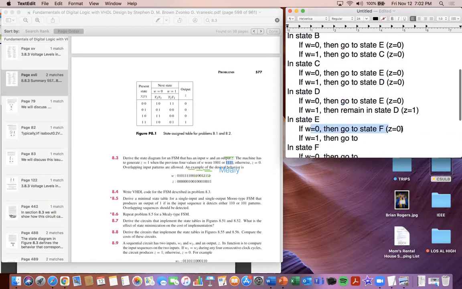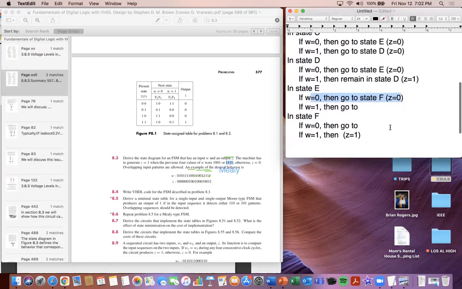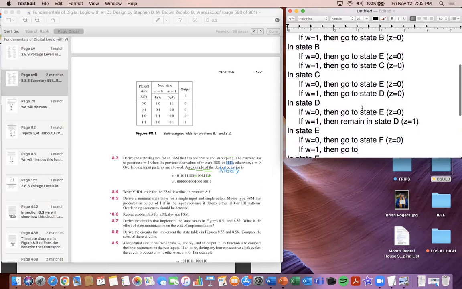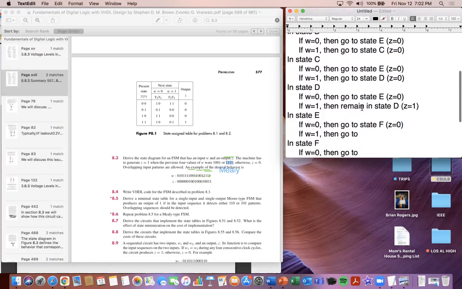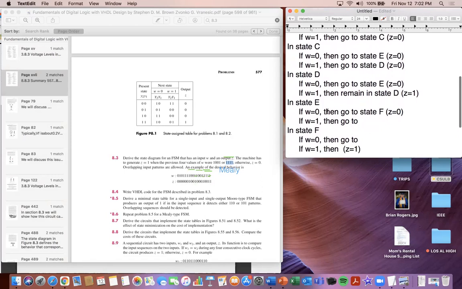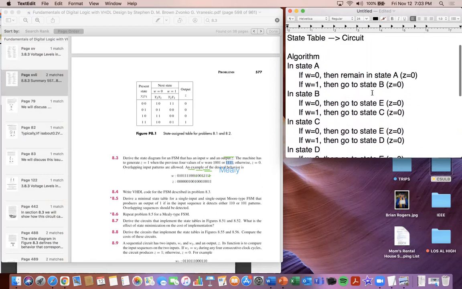Then it would check the next 0 here, and in state F, it would check if it's 1, and that could complete this pattern. So go to state F, but if W is equal to 1 here, we would have 1, 0, and then 1. That would start back at the beginning where we would have 1 here. So go to state B.